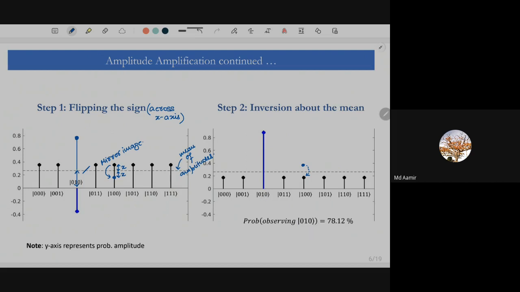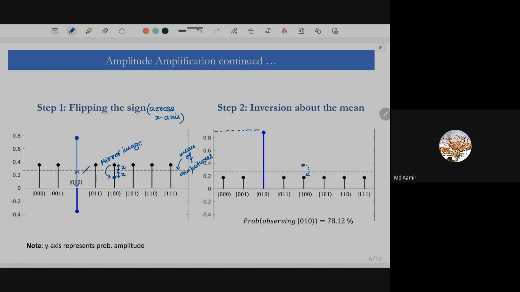If we try to see what's the probability of observing this 0 1 0, it's 78.12%, which we can clearly see from here, because it's more than 0.8, so it will definitely be more than 72%. If we calculate all these things mathematically, we get 78.12% probability of observing this 0 1 0.